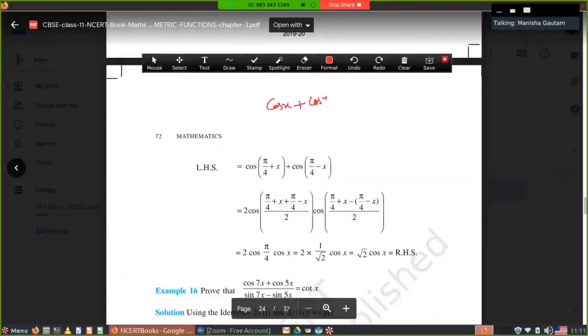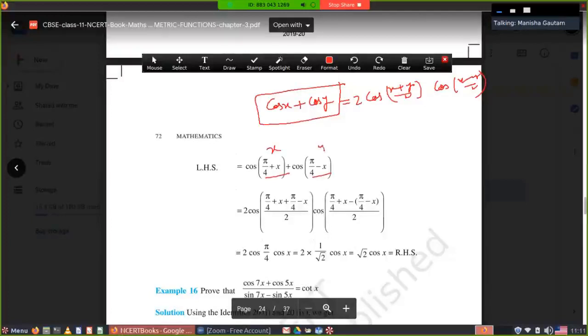Here it is done by the formula cos x plus cos y, which is equal to 2 cos of x plus y by 2 times cos of x minus y by 2. This is x and this is y.